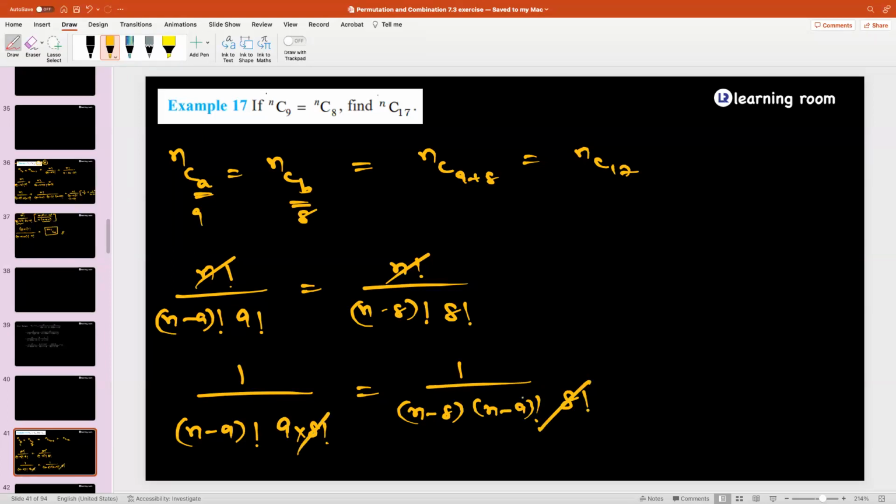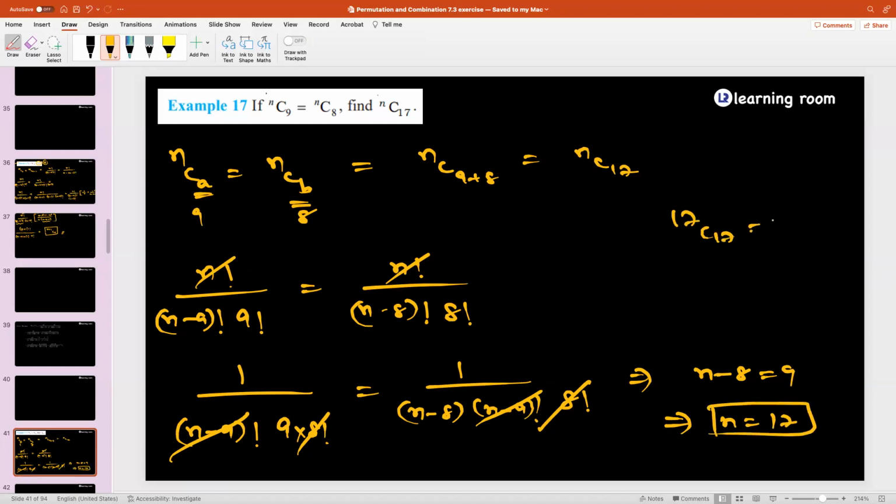So 8 factorial gone, n minus 9 factorial gone, which implies n minus 8 is equal to 9, or n is equal to 17. So what they are asking is 17C17, which will be 1 itself. NCN is 1.